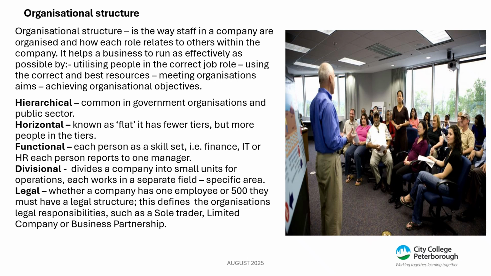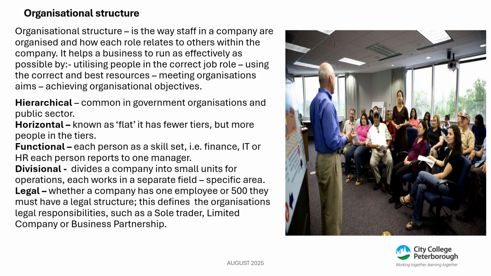Hierarchical is common in government, organisations and the public sector. Horizontal, known as flat, it has fewer tiers but more people in the tiers. Functional, each person has a skill set. So for instance, finance, IT or HR, each person reports to one manager.